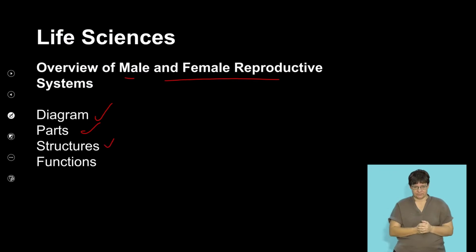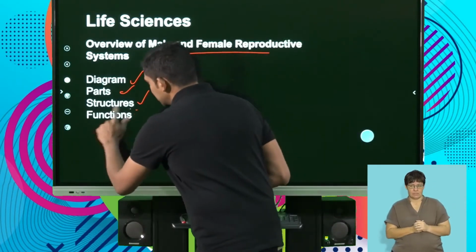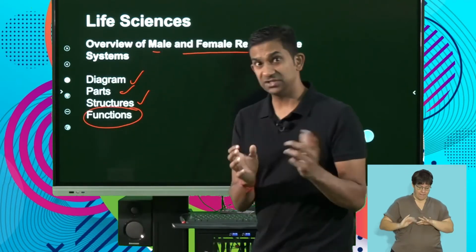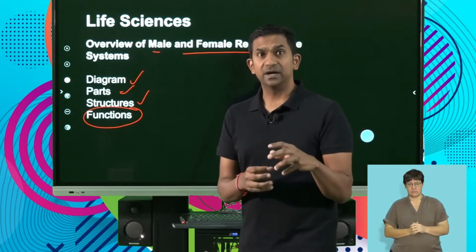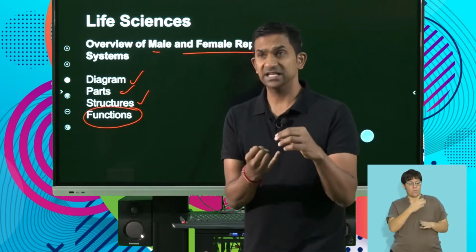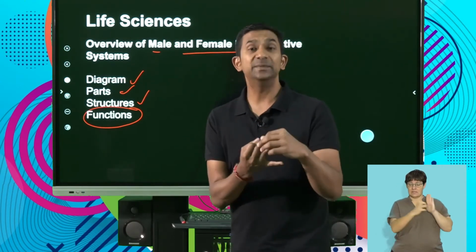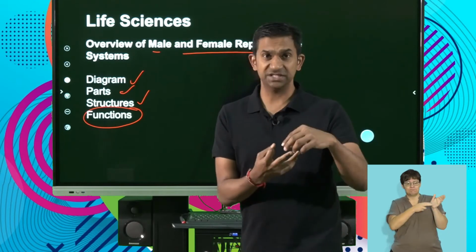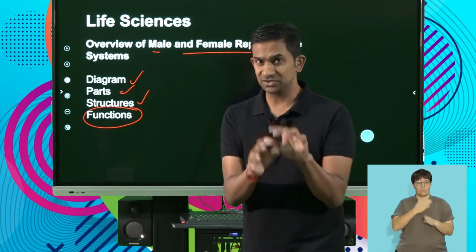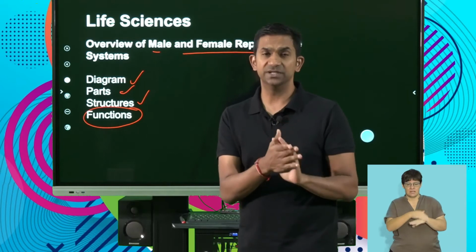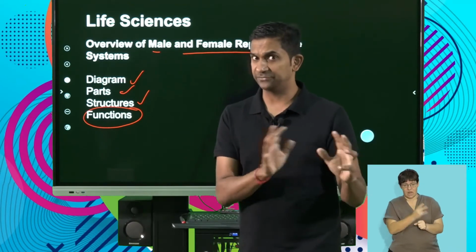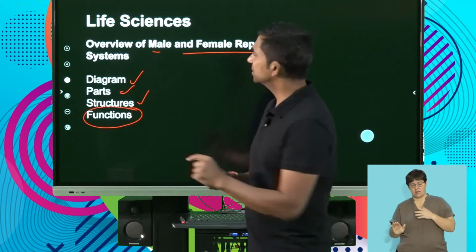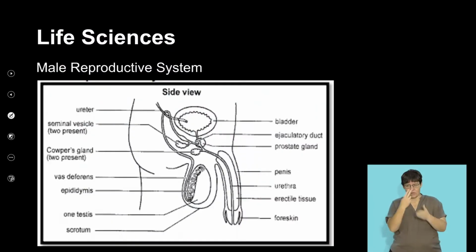It's important that you understand what these parts are and which structures are important for each of these organs to function. And then you need to know the functions of each of these structures, because these often are a way to remember how an organ functions. So: understanding the diagram, labeling the parts, and having a sense of what these structures are and their functions. Those are the basic concepts that you need to understand when looking at the male and female reproductive systems. Now let's look at both of these systems and we'll have an overview of them.